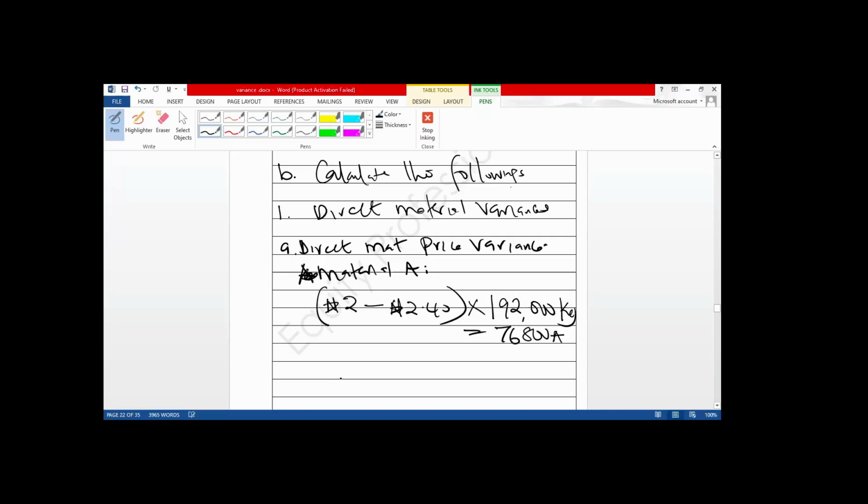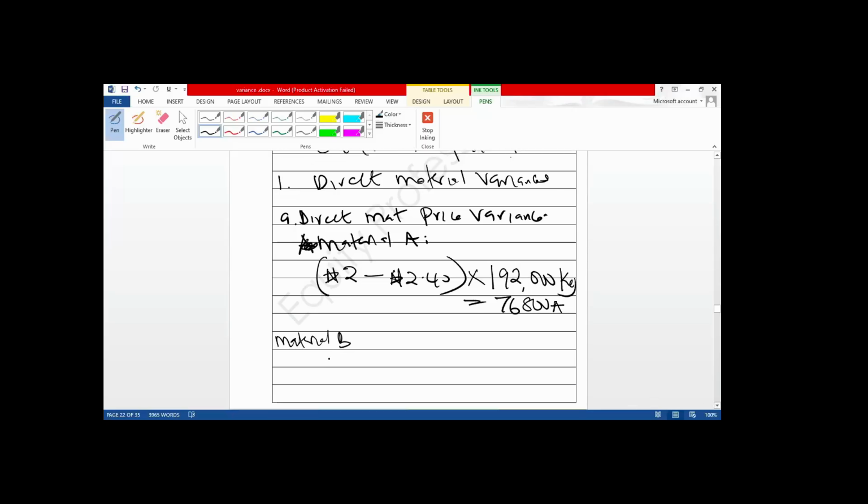Go to material B. Price variance. Standard material price for B, 10 naira per kg. Actual material price per kg, 9 naira 40 kobo.